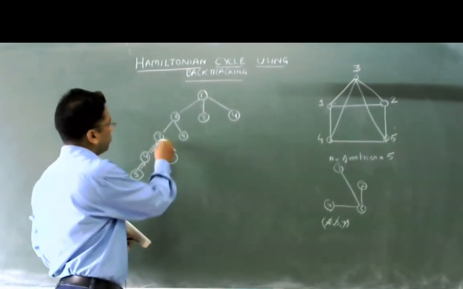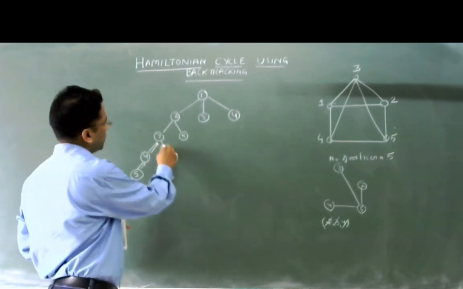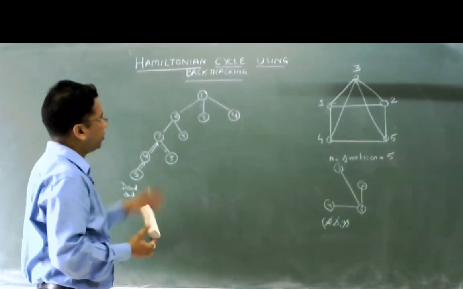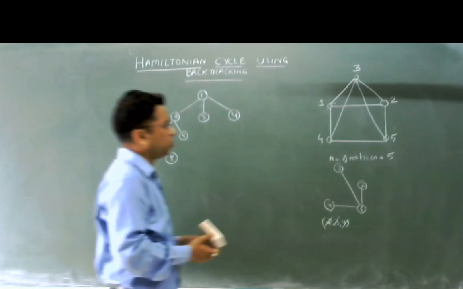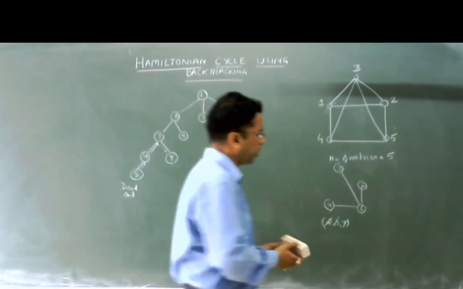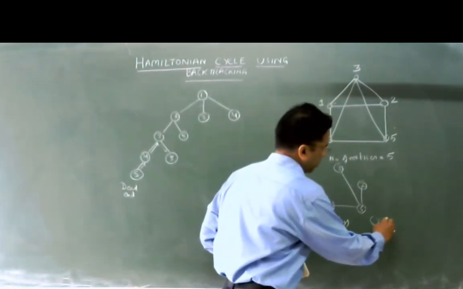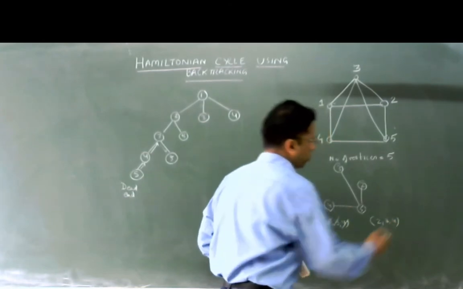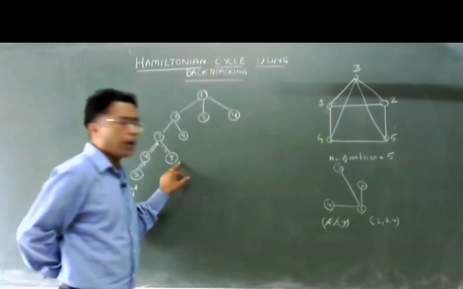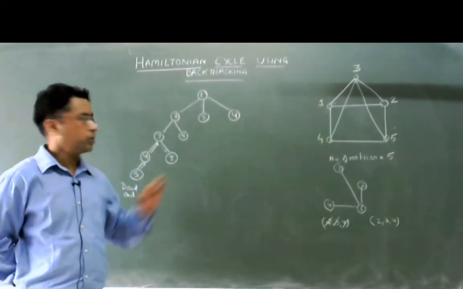Now we shall reach this position 5. At node number 5, we check the adjacency list, which is 2, 3 and 4. In this path, here is the difference.